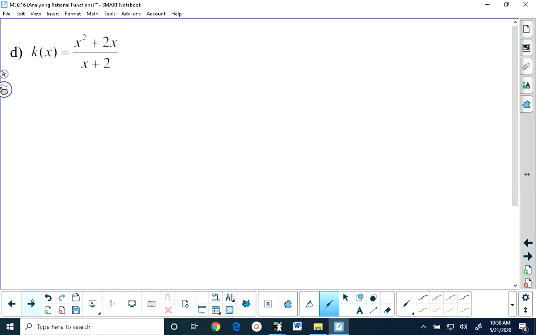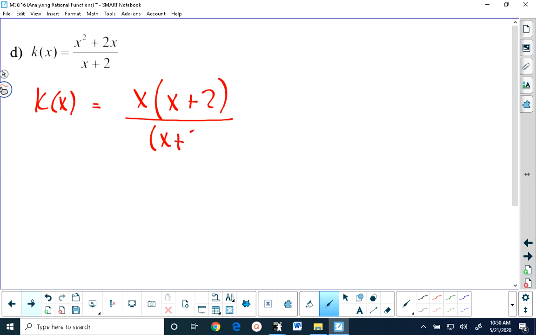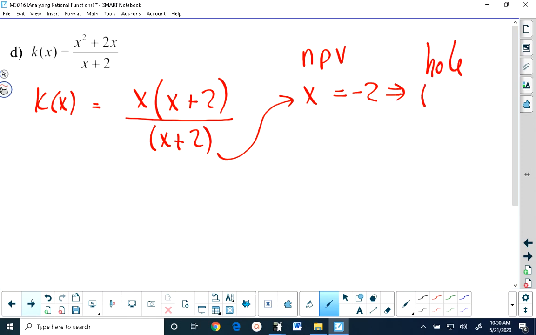D, again, you're always factoring. I can take out an x and be left with x plus 2, and it's over x plus 2. The fact that there is a denominator factor of x plus 2 tells me that I have a non-permissible value of x equals negative 2. What will there be there? There will be a hole, and it will have coordinates of (negative 2, something).